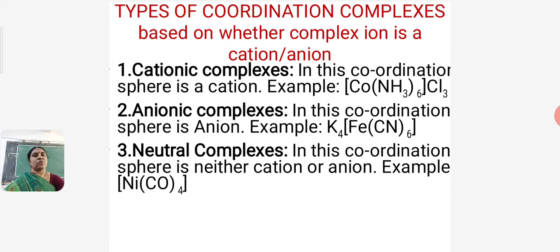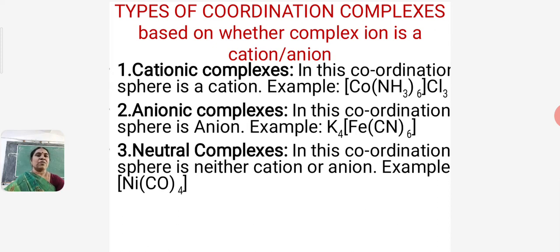That means the coordination sphere is a cation. Such complexes are called cationic complexes. The complexes in which the coordination sphere is an anion possessing a negative charge are called anionic complexes. And if the complex possesses no charge, if it is neutral, then it is called a neutral complex.